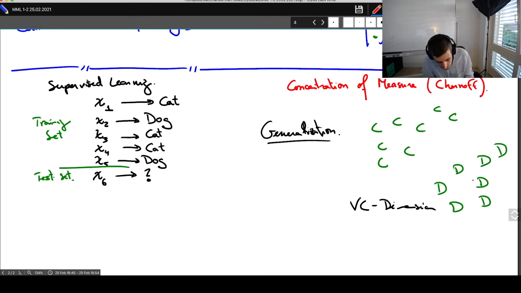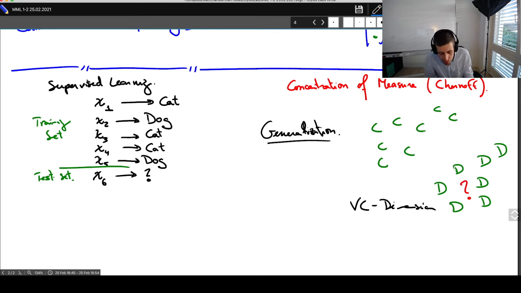Now I ask you, okay, you get a new image, and you see that it's this one. I think everyone would probably say, yeah, this is probably a dog.